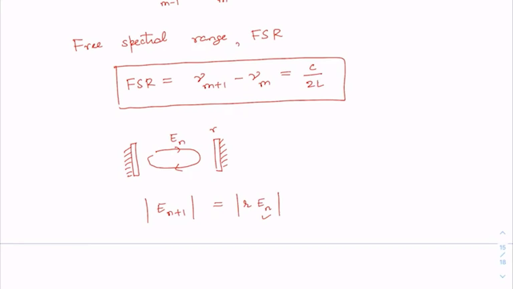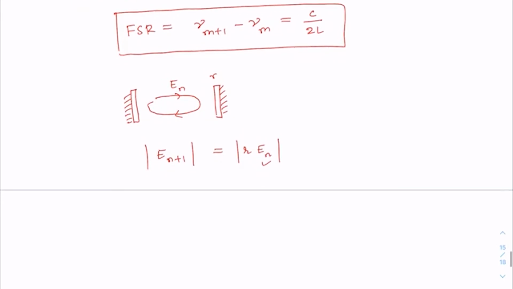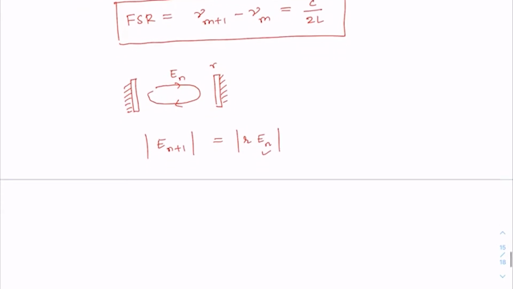On one round trip, the phase of the plane wave is going to change by say delta phi, and of course the phase in one round trip, as we know, would be 2kL, which I also can write as 4 pi L by lambda, since k is equal to 2 pi by lambda.